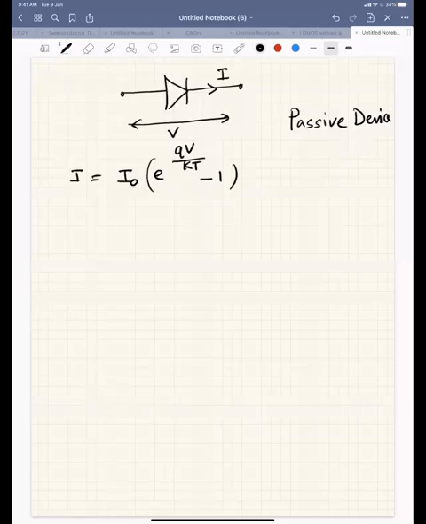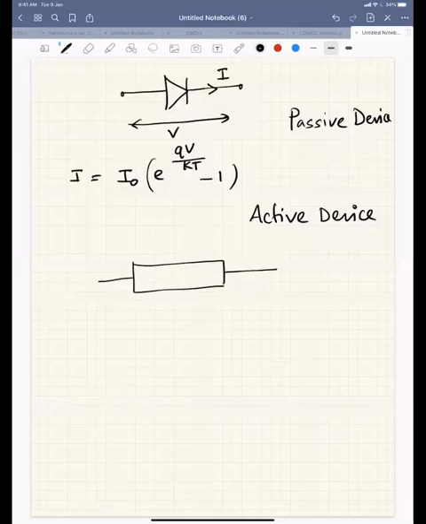So this is a passive device, but for electronics or integrated circuits, we not only need passive devices, we also need active devices. If you think of an active device, let's say this is any device. If I apply a voltage, I'll get a current. But in an active device, I have a control terminal.